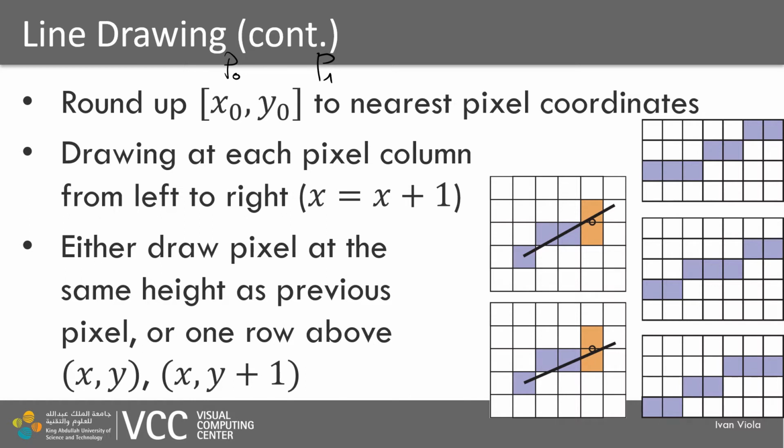Now, we first round the values of the P0 point, the starting point of the line, to the nearest pixel coordinates. So we would like to have integer values of both x and y dimension as pixel coordinates where this line will start from.